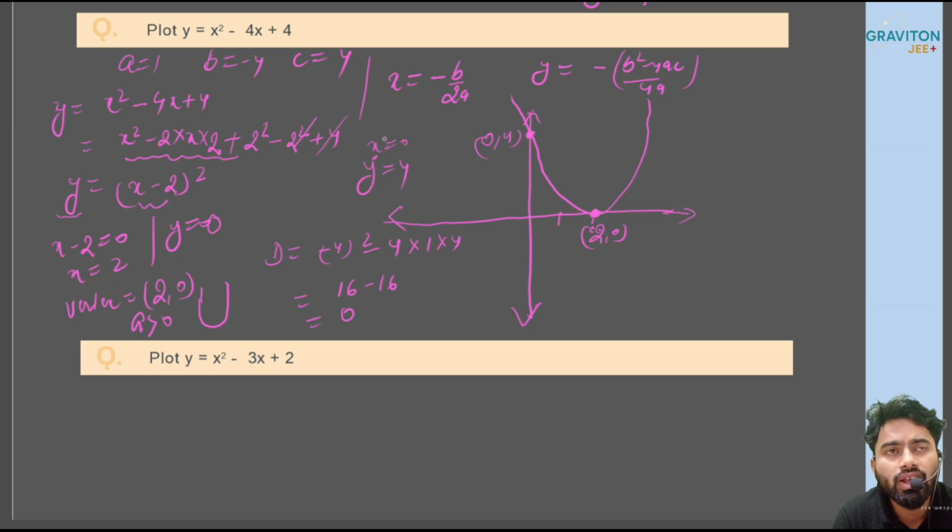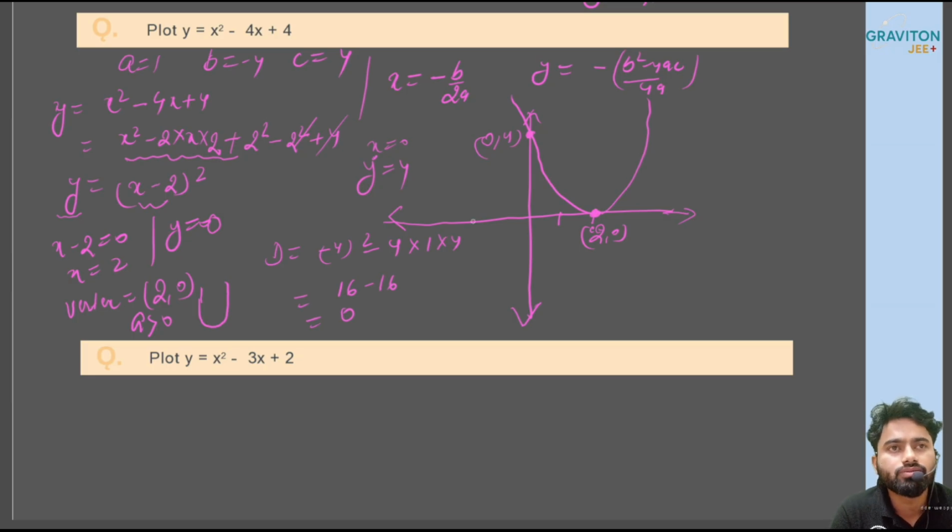You look here that b squared minus 4ac equals 0, and from here you conclude that it has two equal real roots, like I already discussed in the last lecture, that if b squared minus 4ac is equal to 0, it has equal roots.